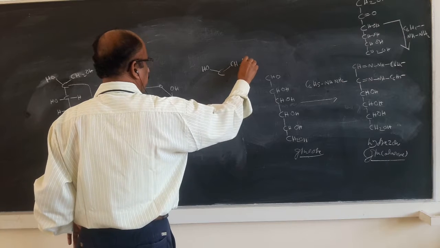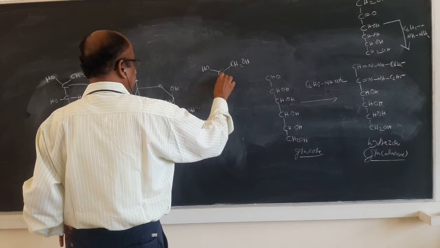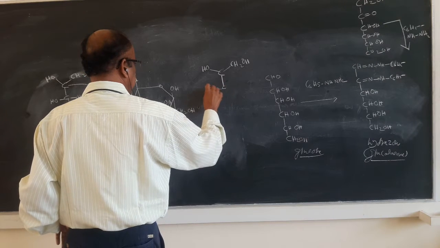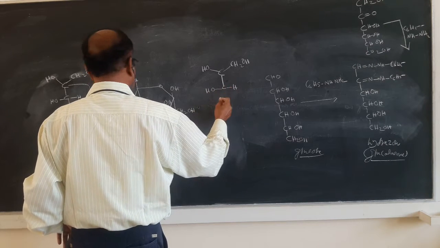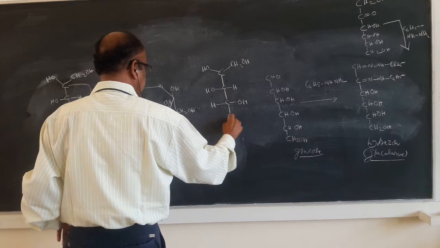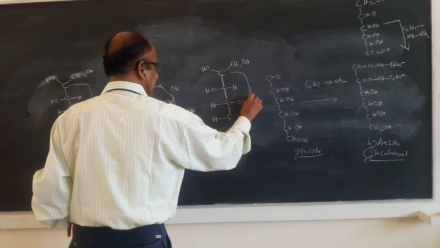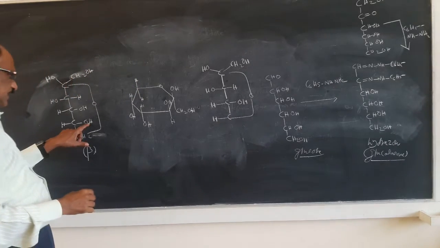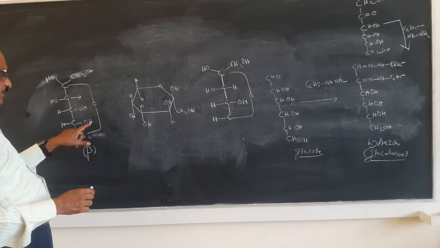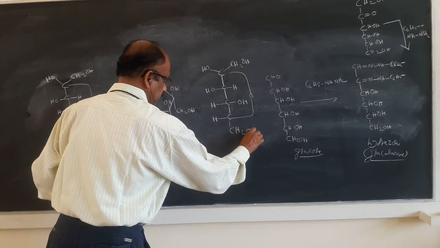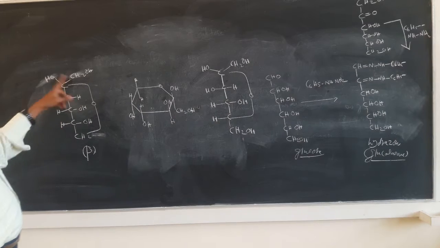So we are taking the beta form and C, OH, H, C, H, and C, H. Like this I have to select this oxygen in this way, and here I have to write CH2, and put it like this.